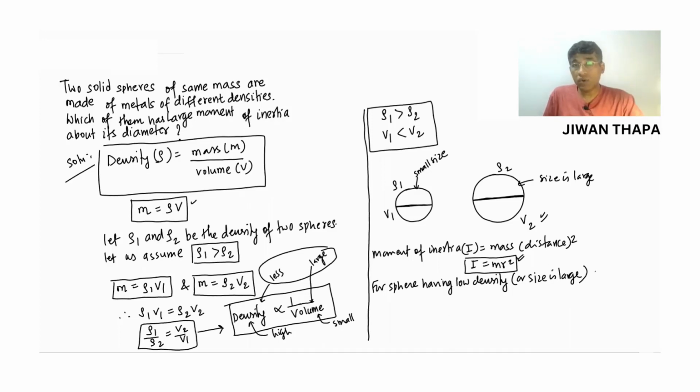So for sphere having low density, the moment of inertia is large. So this sphere will have large moment of inertia and this sphere will have small moment of inertia.